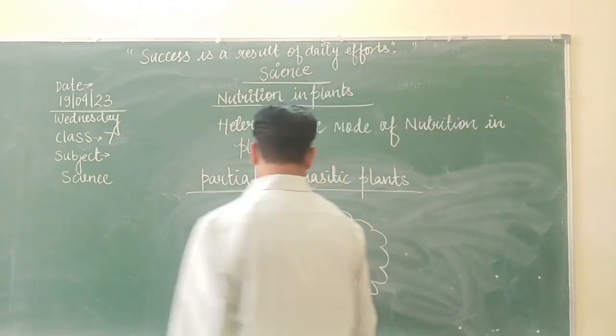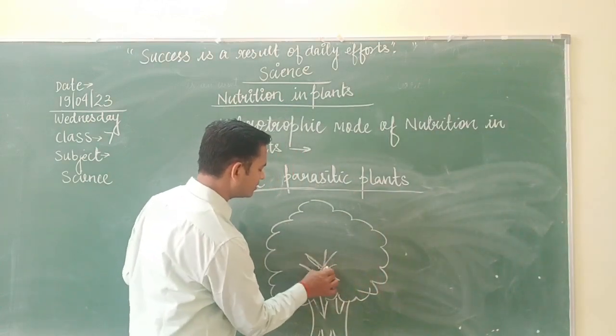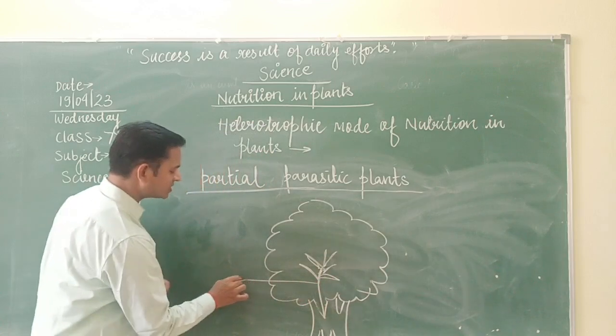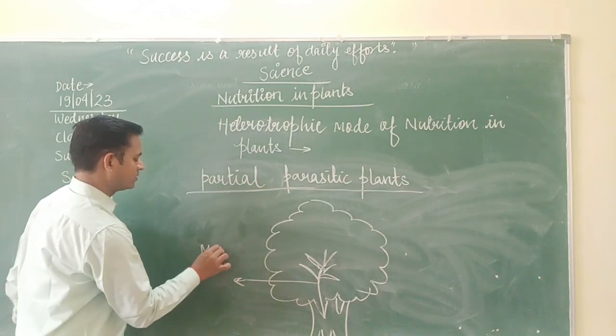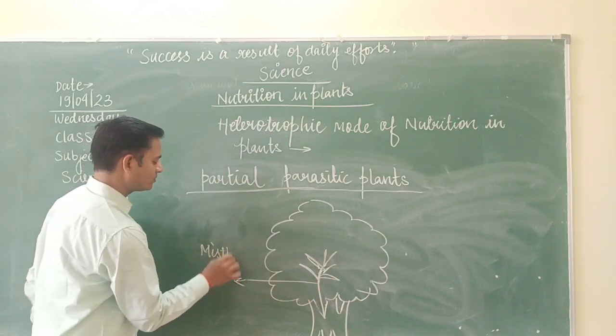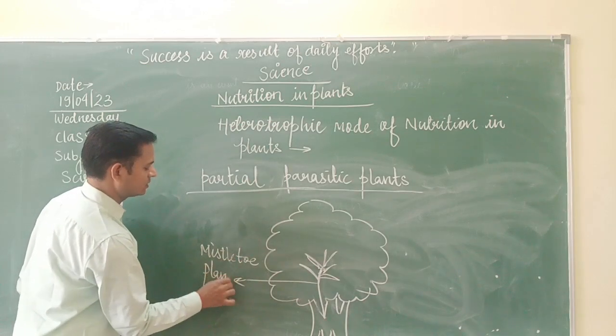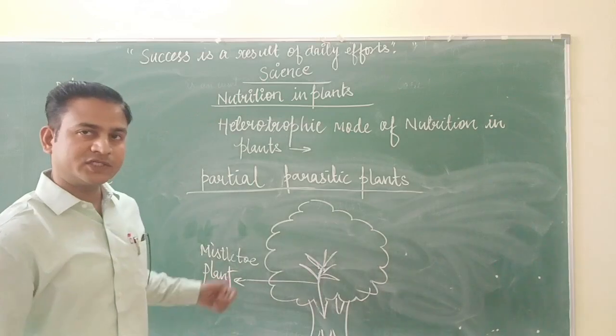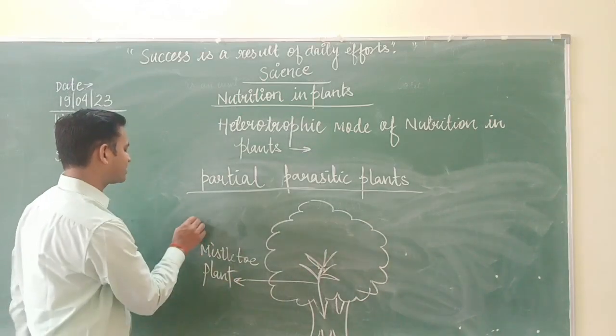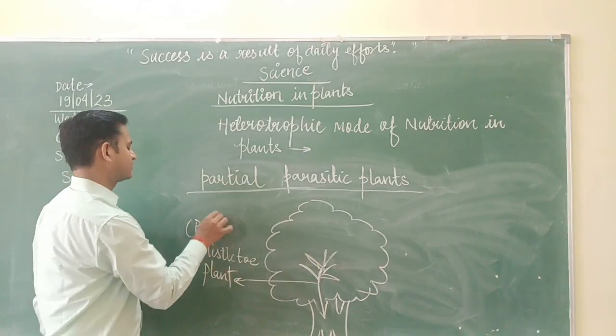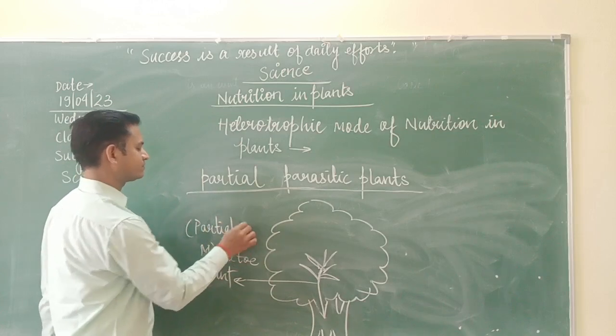What type of plant is this? Suppose this is a mistletoe plant. This is a mistletoe plant. And children, the mistletoe plant is a partial parasite.